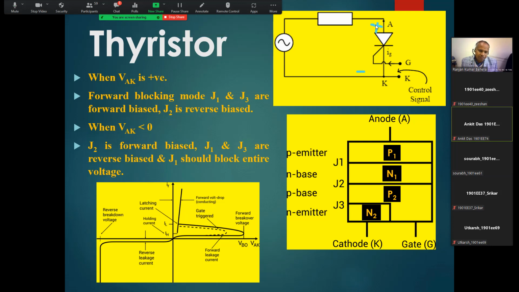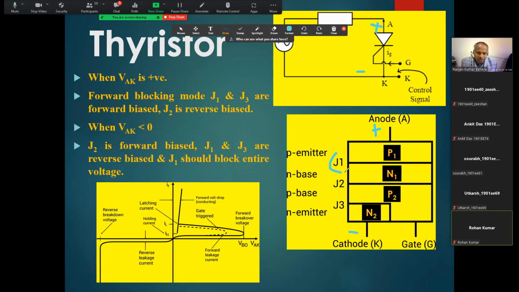When anode is positive with respect to cathode, the device is said to be forward biased. At the junction level, this is positive and this is minus, that means J1 is forward biased, and J3 also is forward biased.